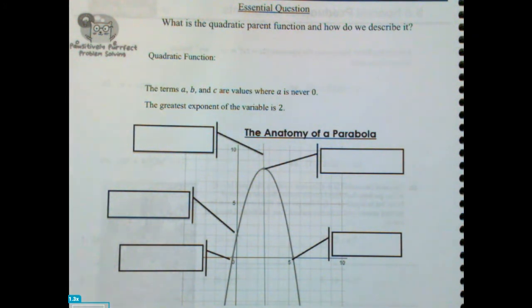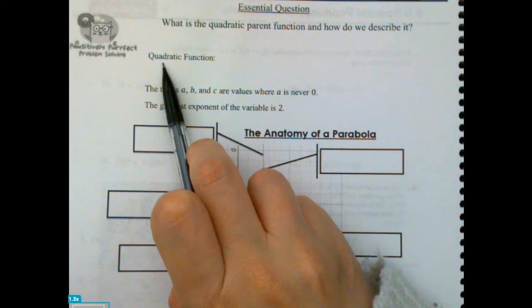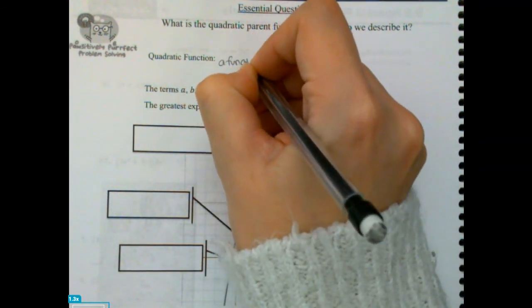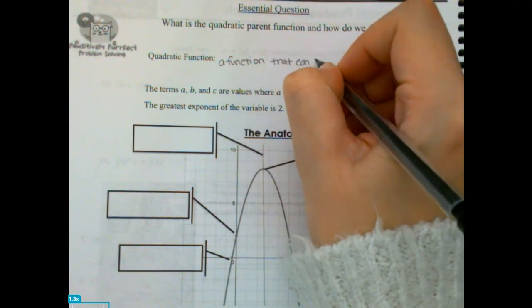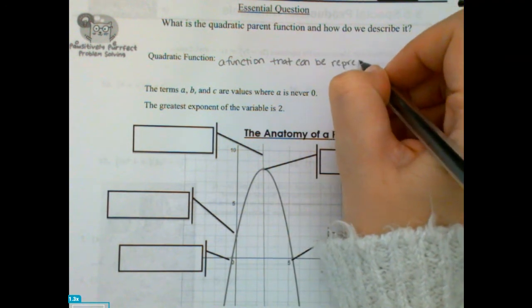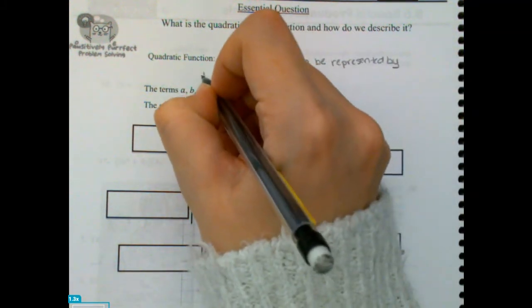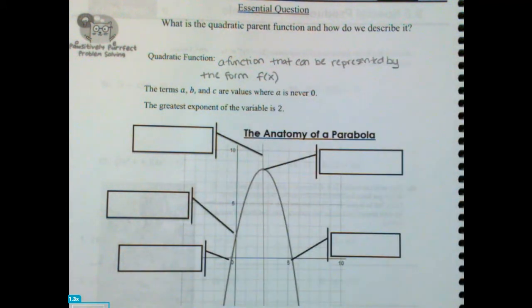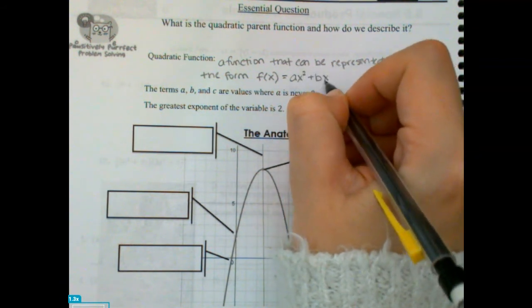Okay, so let's start off with what is a quadratic function. Now, we've seen this word used before to name something that has an x squared. So that's kind of what a quadratic function is. So it's a function that can be represented by the form f of x, or, we've also used y equals, f of x equals ax squared plus bx plus c.